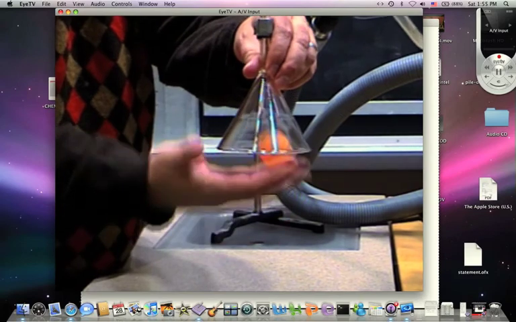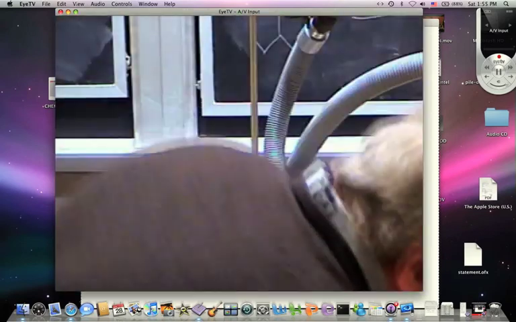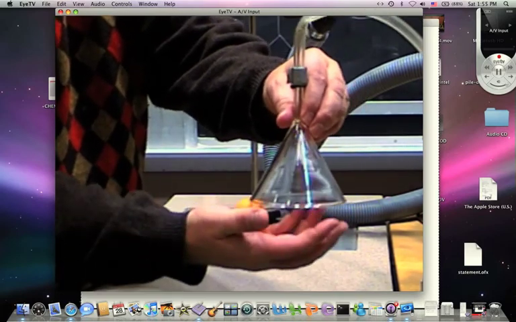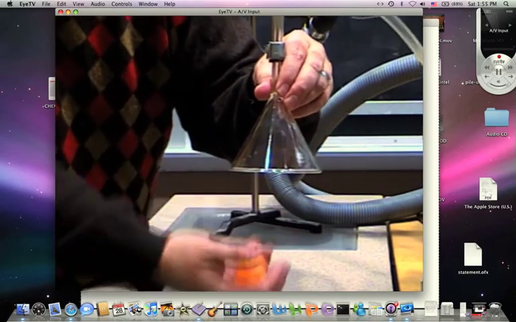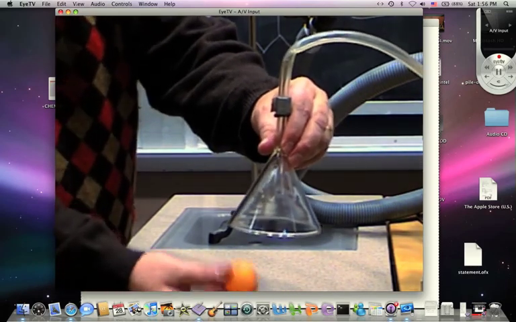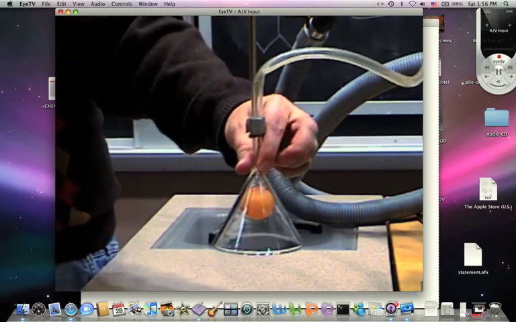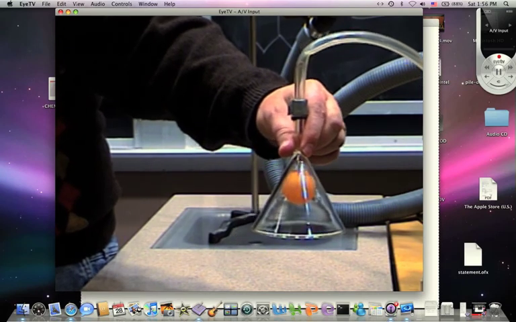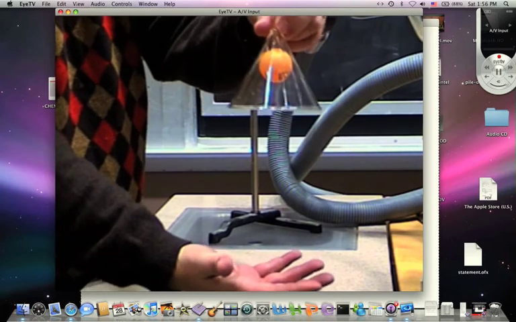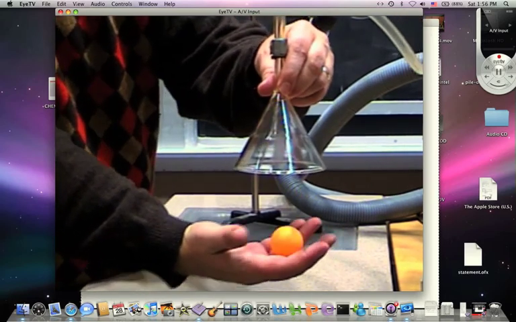Air is rushing out, and it pushes the ping pong ball out, no question. But if I shove the ping pong ball in, it actually holds it stable until I release the airflow, and then eventually it just falls out again.